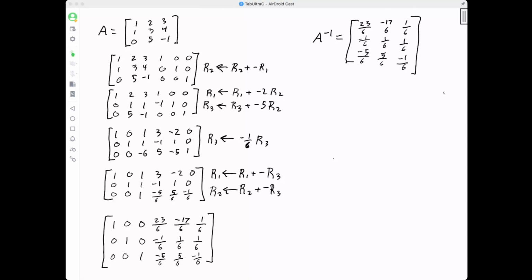And that is my inverse matrix. That is the process to follow.